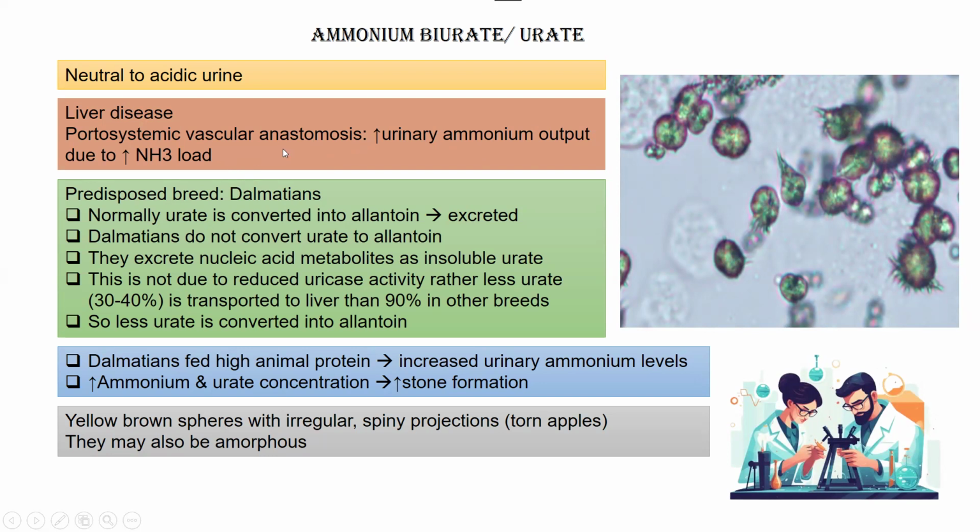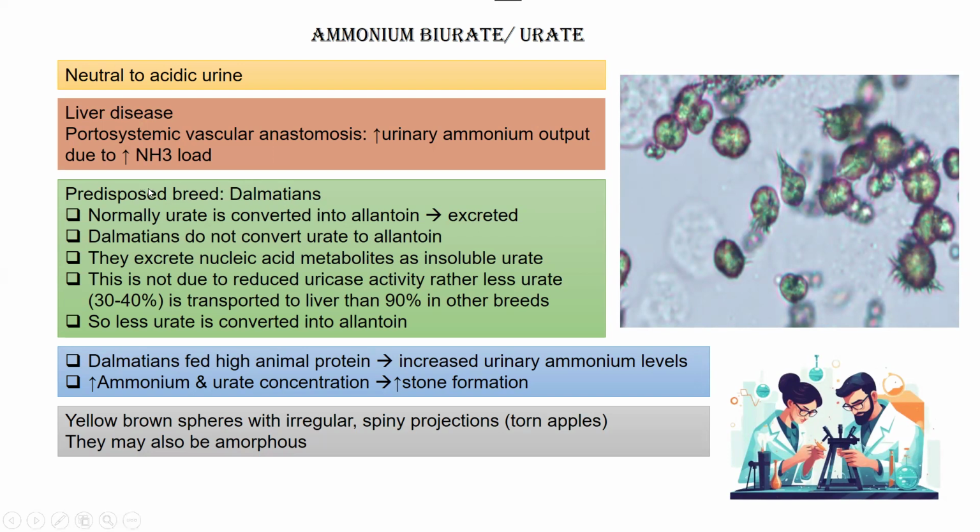The liver is unable to process all that ammonia into its final product of uric acid, and that's why there is increased ammonium output, and that will lead to ammonium urate or ammonium biurate crystals in the urine. So basically there is an increased ammonia.